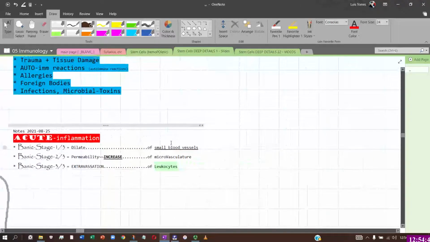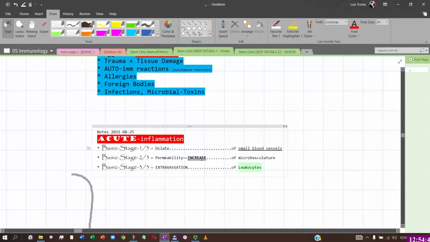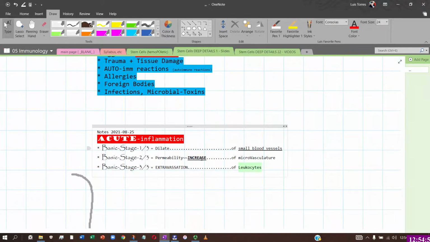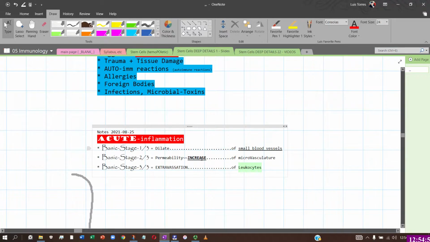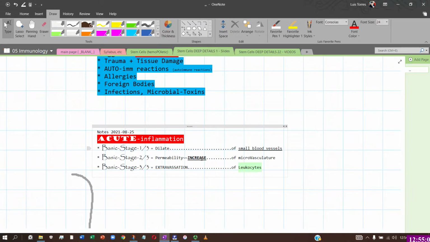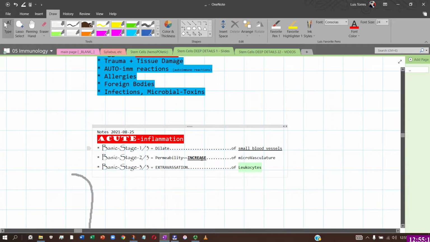The notes for this course provided this other summary of the acute inflammation process. It broke it down into three stages. The first of three is dilation of small blood vessels. Two of three is the increase of permeability of the microvasculature. And then there is extravasation of leukocytes.